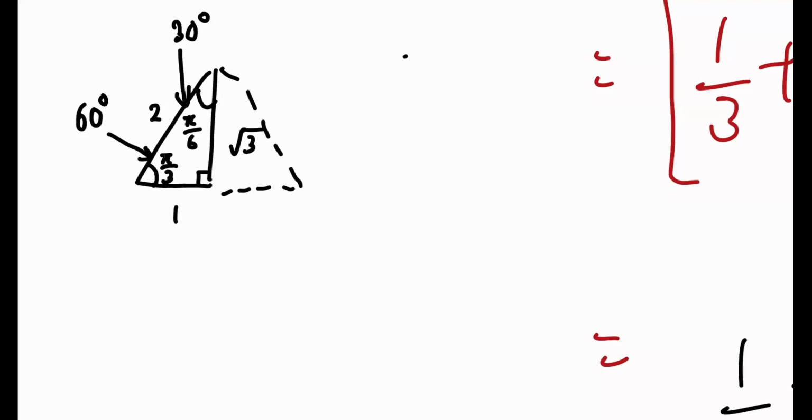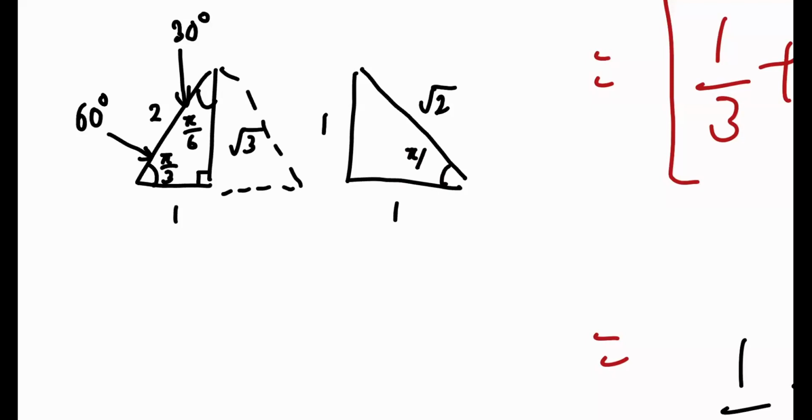So that's when you need an isosceles triangle like this: 1, 1, square root 2. Hopefully you can remember. Pi over 4 here, isosceles, so base angles must be the same. This is also pi over 4, or 45 degrees. Sorry, I mean pi over 4 radians is 45 degrees. So from there, you can figure out sine, cosine, tangent of 45 degrees.